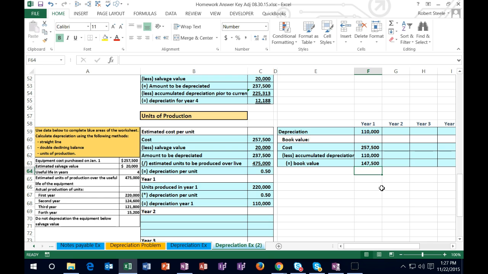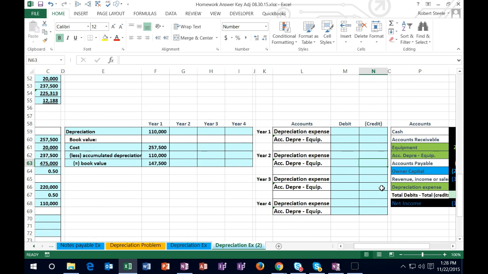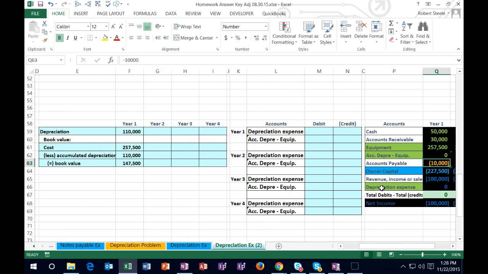Let's look at that in terms of a journal entry. Remember that in prior classes we have seen the journal entry in the adjusting process, but the book has given us that number. Now we're calculating that number, and let's put it into the same journal entry that we would do in the prior classes, being that this will be our trial balance for year one.